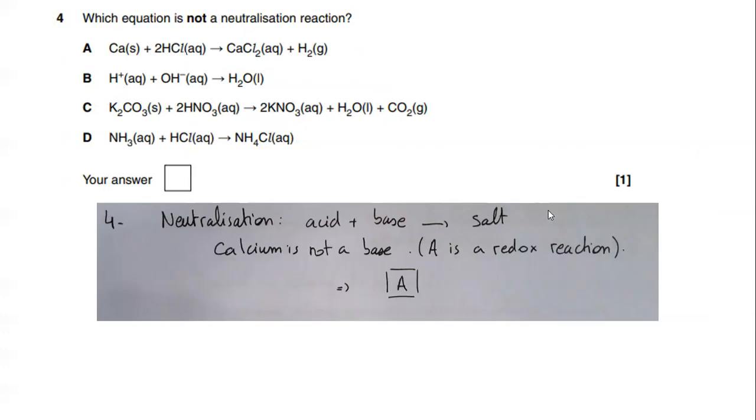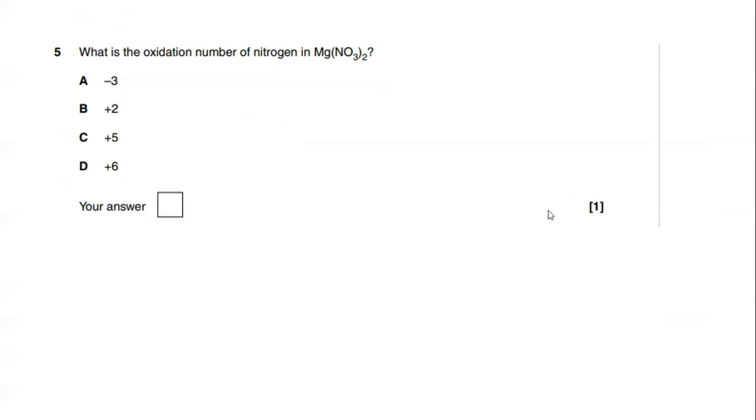And the first reaction is a redox reaction where calcium is going to lose 2 electrons and hydrogen gains 2 electrons from H2. So it is answer A. All the other ones are going to be acid and alkali, including D. NH3 is an alkali, HCl is an acid, so D is also neutralization.